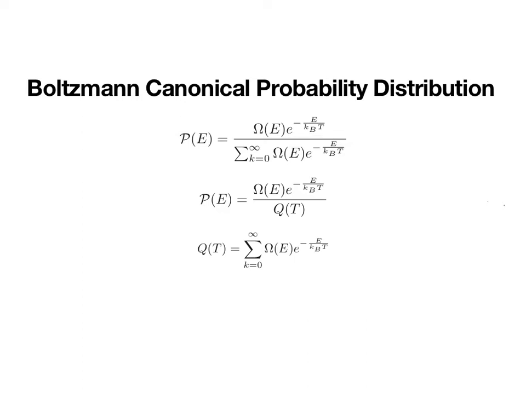Now, we often get rid of this summation and we write this out as Q of T. And it turns out that this Q of T, what we have been using as a normalization factor, makes sure that our probabilities run between 0 and 1, or between 0 and 100%.